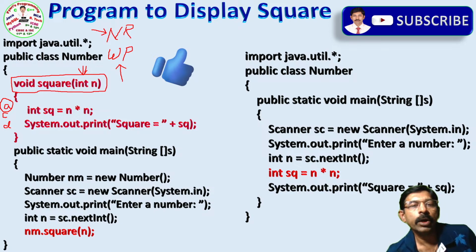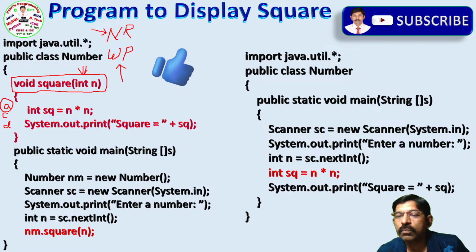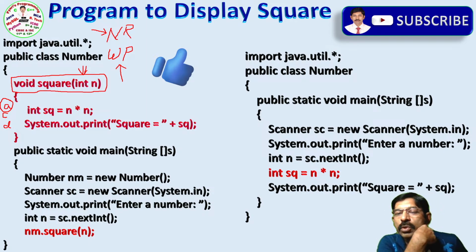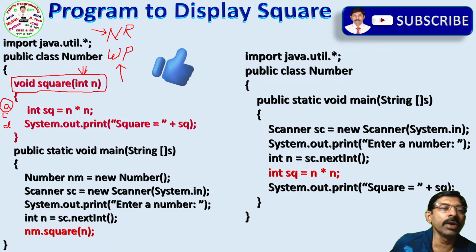Formal parameter INT N. Excellent answer. No. Because I don't need to accept a number, as the number is already available to me to perform the calculation. Now the calculation will be done by this method.